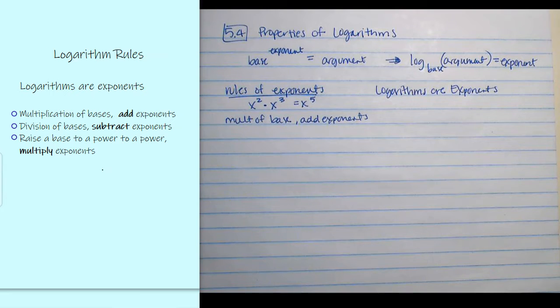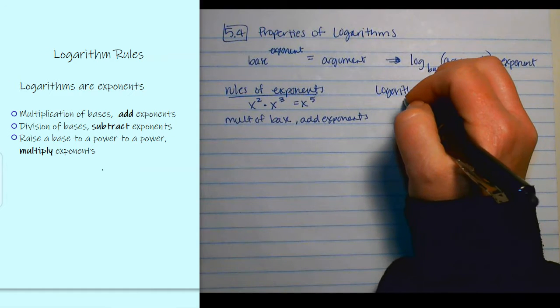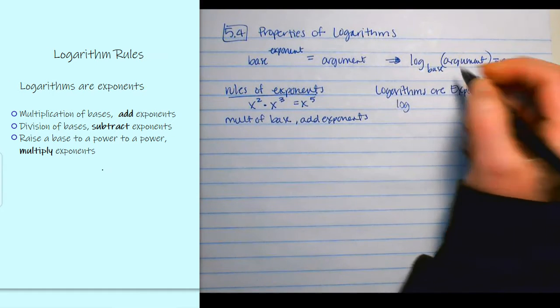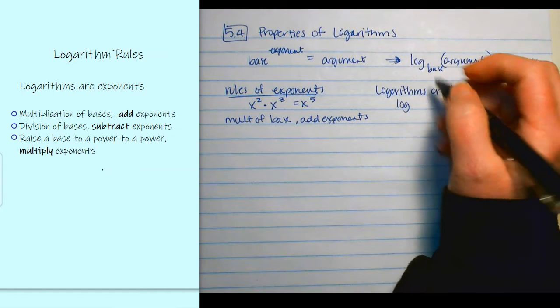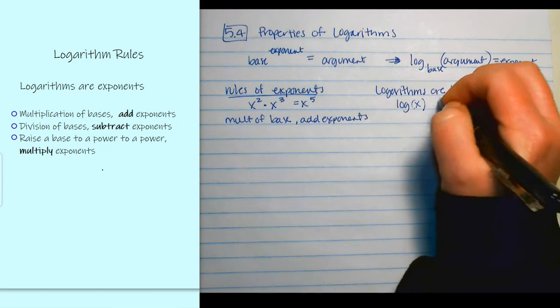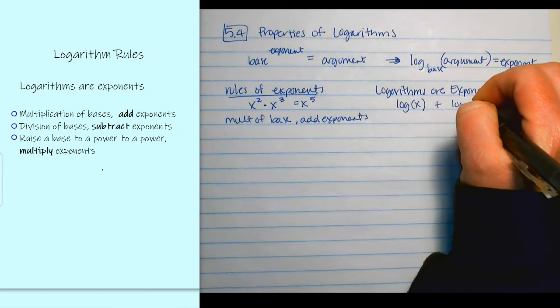How do we apply that to logarithms? Well, if we see that the exponents are added, let's say we have log base 10, so I'm just going to leave that off. Log of x plus log of y.